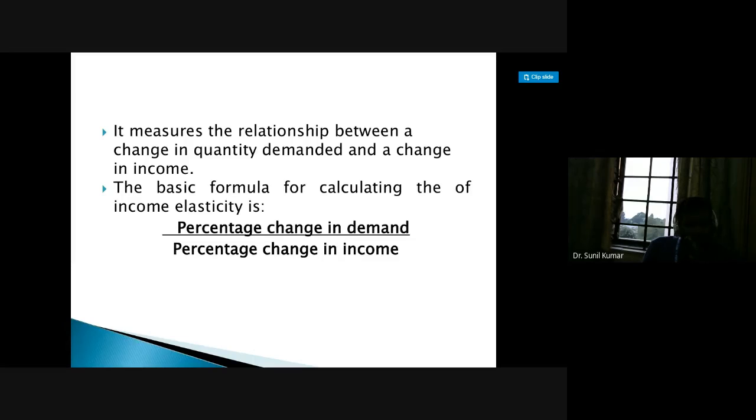So before recording this video file, I have explained to you what is the necessity and what is the use of it. It holds a lot of significance for knowing how changes of income lead to change in the quantity of demand.